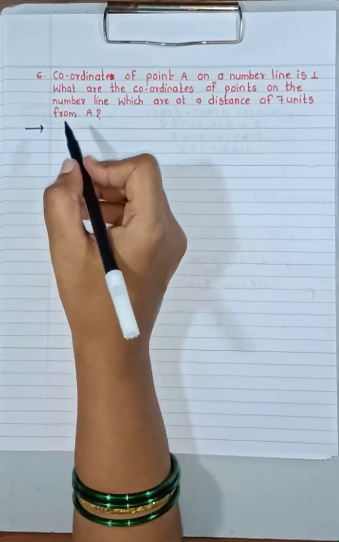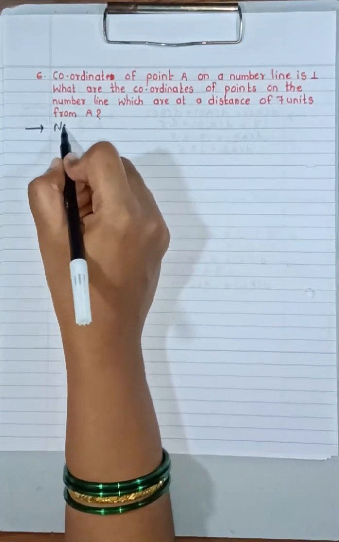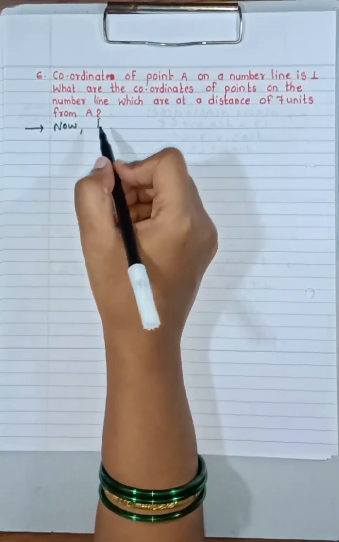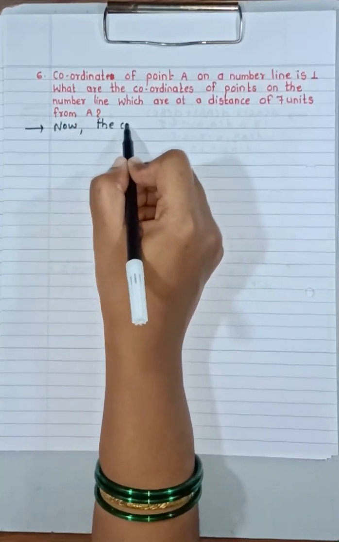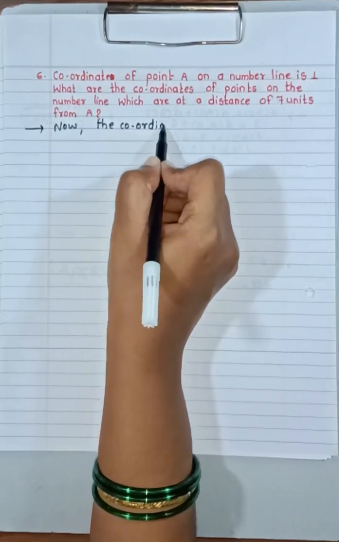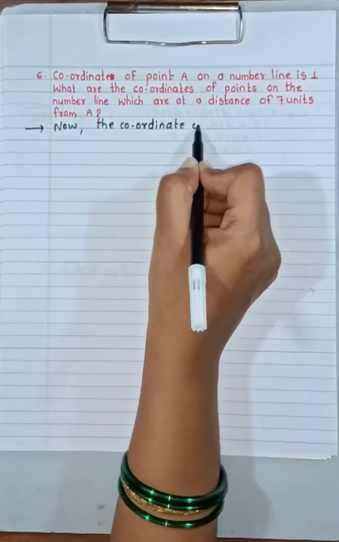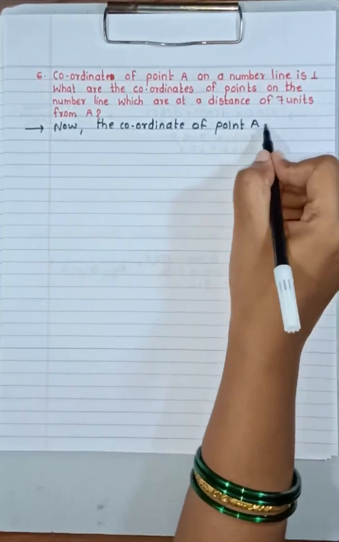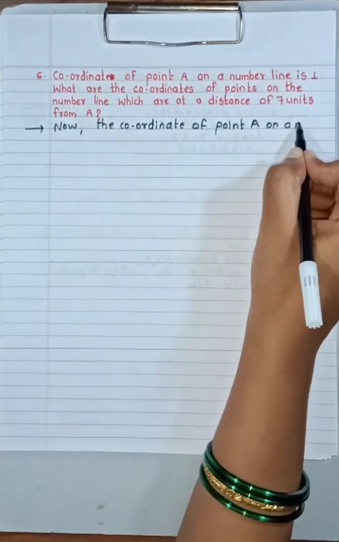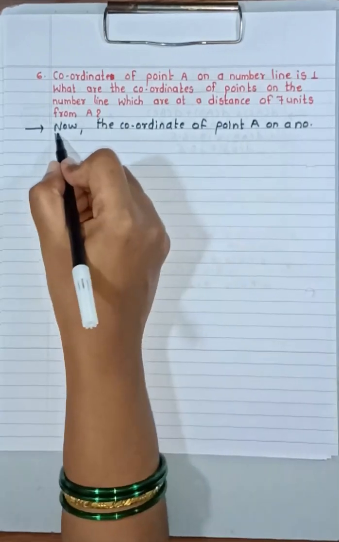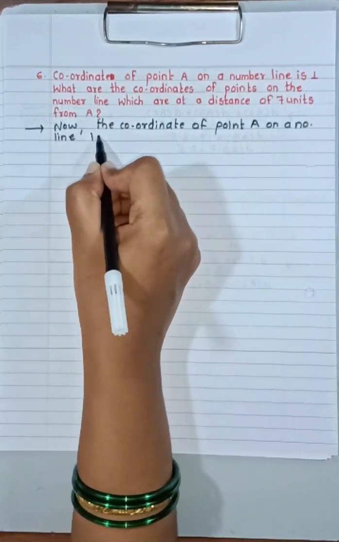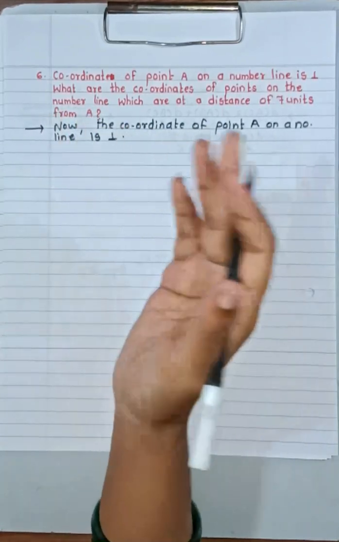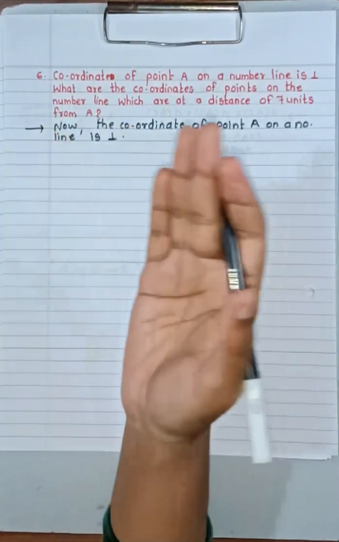Again, we are going to consider the coordinate of point A on a number line is 1. Now naturally there will be 2 points, one to its left and other to its right.